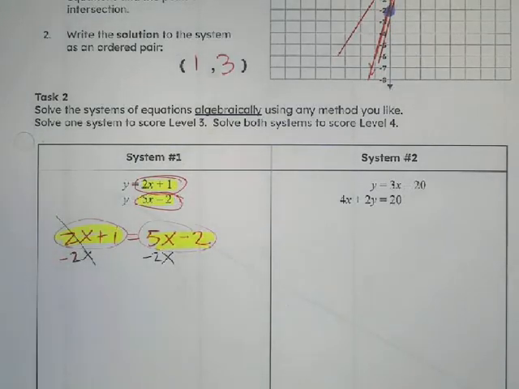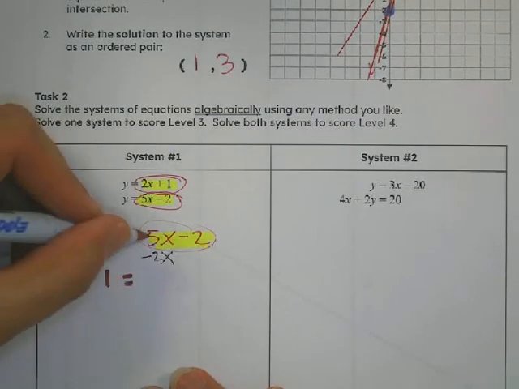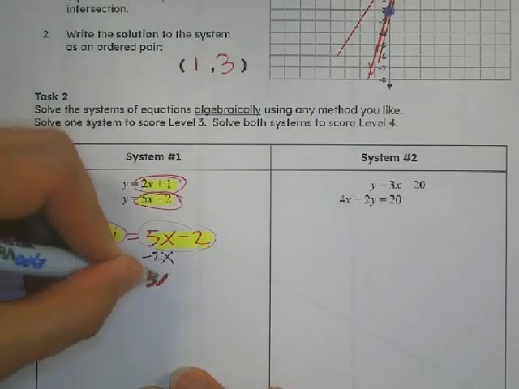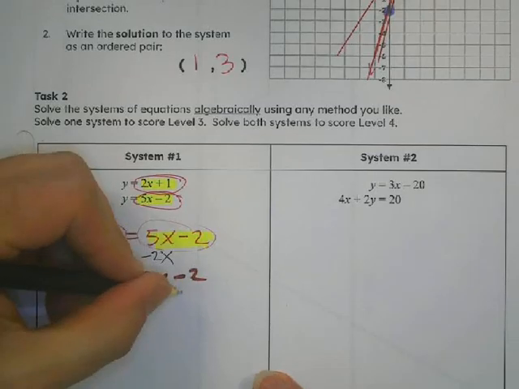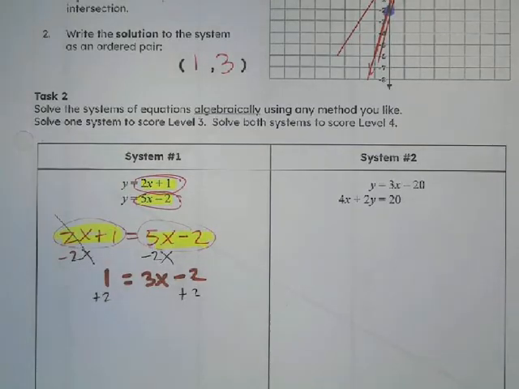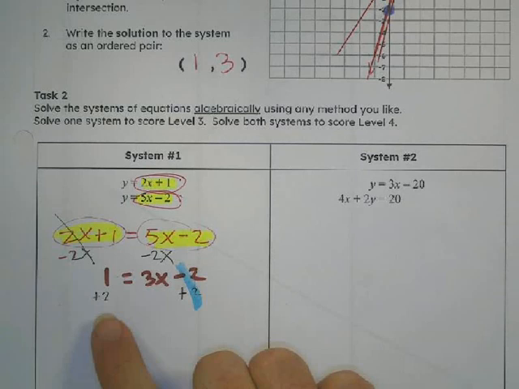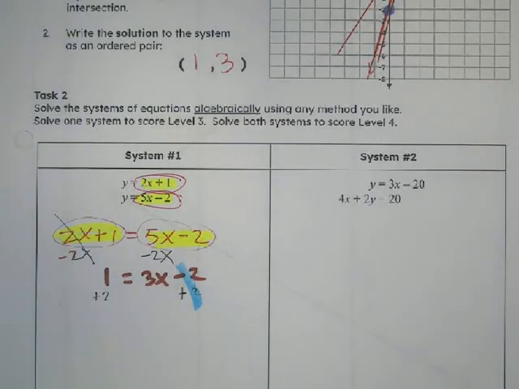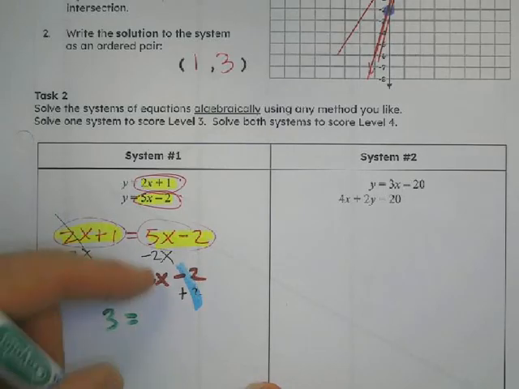Now I've got 1 equals 5x minus 2x, which is 3x. Then I add 2 on both sides of the equal sign, which cancels out the minus 2. I'm left with 1 plus 2, which gives me 3, and 3x here.